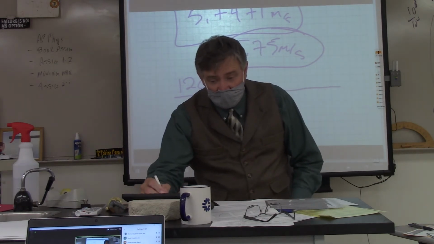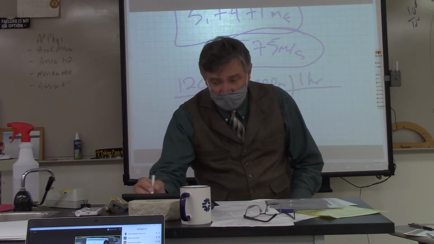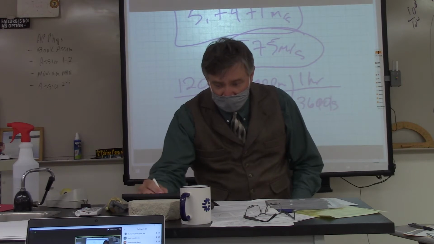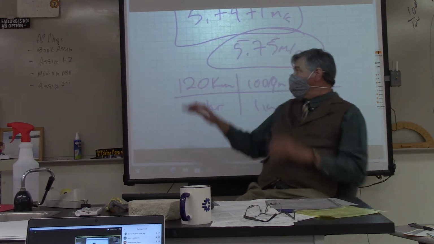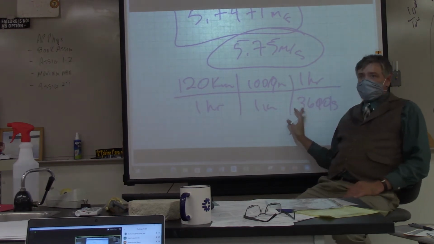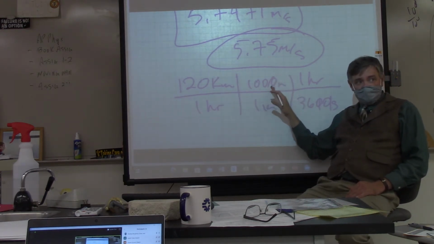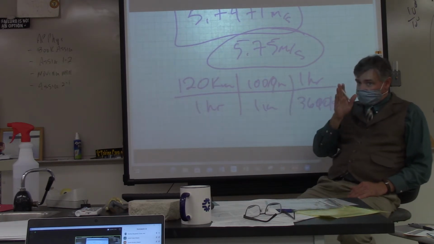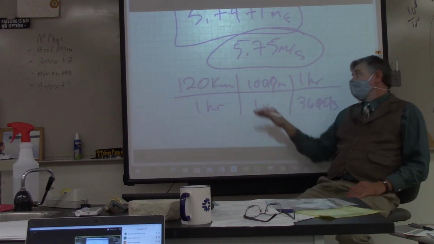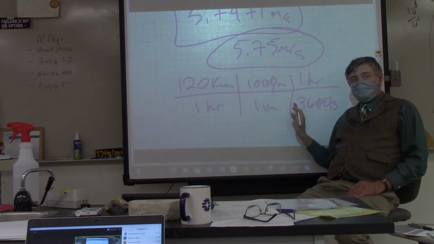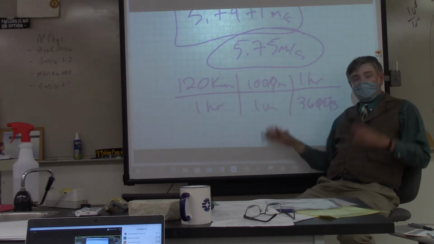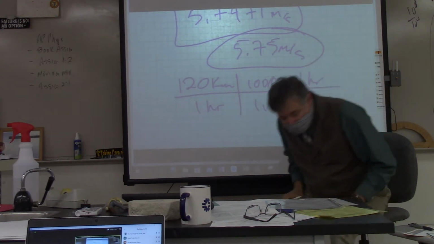Put 1 kilometer down here, put 1,000 meters up here, put 1 hour here, put 3,600 seconds here. These cancel out. You multiply by 10, and you divide by 36. Okay, this is the same step every time. This is the most common conversion you will do in this class, kilometers per hour to meters per second. Multiply by 10, divide by 36. So you'll always get an answer smaller than what you had.